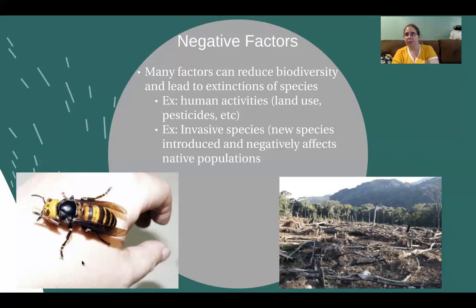And that means that they're taking prey away from other predators, which can then cause the predators to starve and die. And since nothing feeds on the invasive species and nothing has a natural defense against the invasive species, they can decimate prey populations and completely overpopulate an area. So they do tend to have these very negative effects and affect the entire ecosystem, oftentimes resulting in species dying out in that ecosystem.